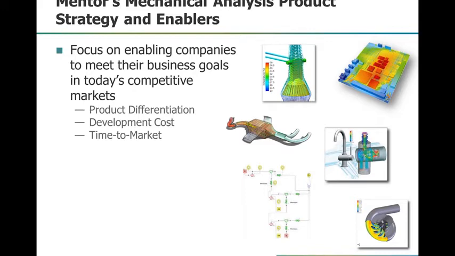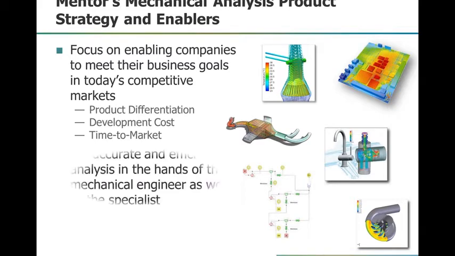And they can do this through increased design, especially early in the design phase, keeping their development costs as low as possible, and being able to be first to market because they can do the simulation earlier and get it out faster. We believe that the best way to do this is through putting accurate and efficient analysis in the hands of not only the CFD specialists that can be involved late in the process, but also in the hands of the mechanical engineers, so it can be done earlier.